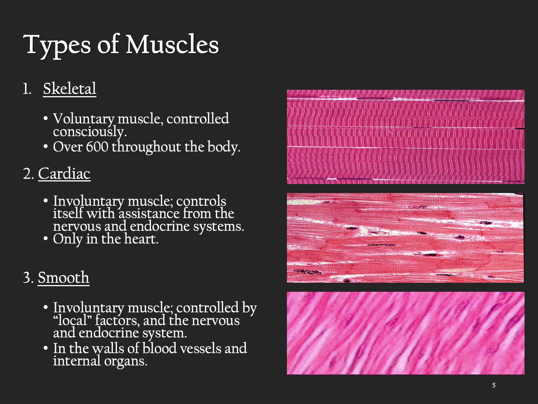The third type of muscle is known as smooth. Similar to cardiac, it is involuntary. It's controlled by local factors and the nervous system as well as the endocrine system. Local factors meaning it's stimulated by the autonomic nervous system. So it's just, again, automatic.